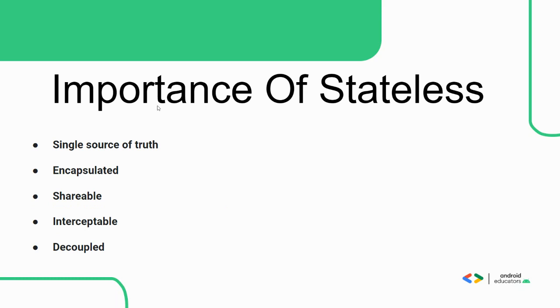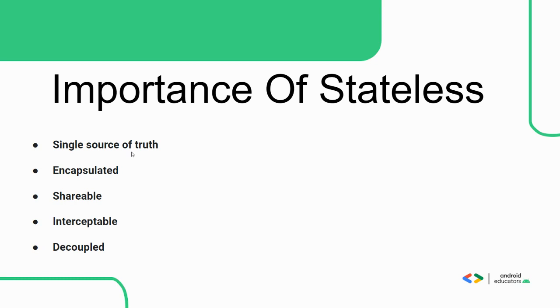So what is the importance of stateless? The important thing is the single source of truth. Since you're not managing your state inside the composable, whatever place I got this value from will be a single source of truth, right? You don't have to call it again and again, and you don't have to create a duplicate composable.